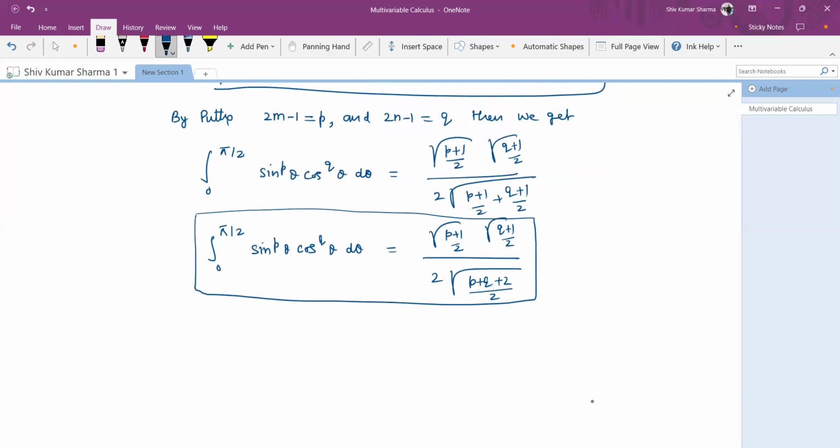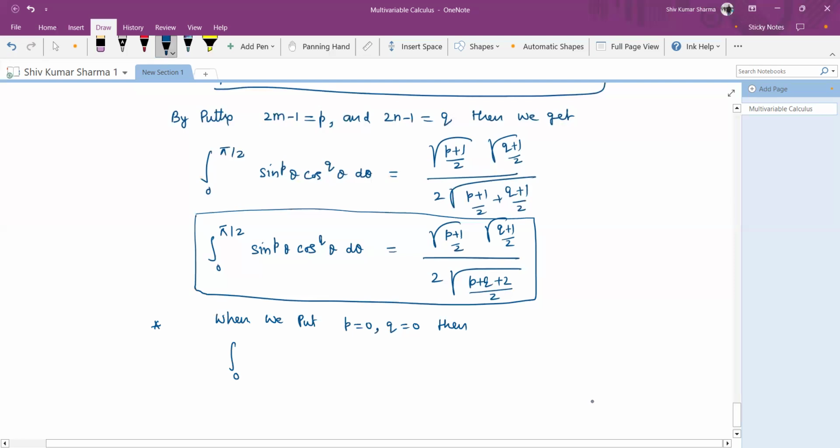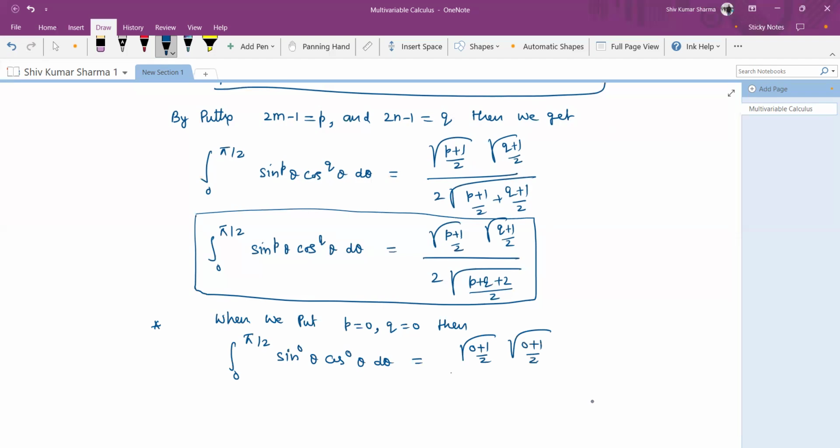Now we have one more result. When we put p equal to 0 and q equal to 0, then we see that the integral 0 to pi by 2 sine 0 theta cos 0 theta d theta is equal to gamma 0 plus 1 by 2 gamma 0 plus 1 by 2 upon 2 gamma 0 plus 0 plus 2 by 2.